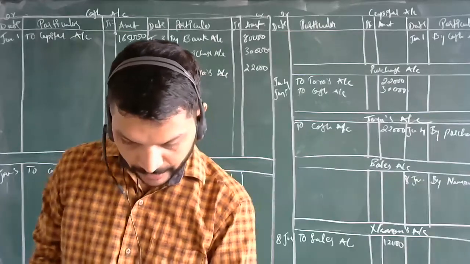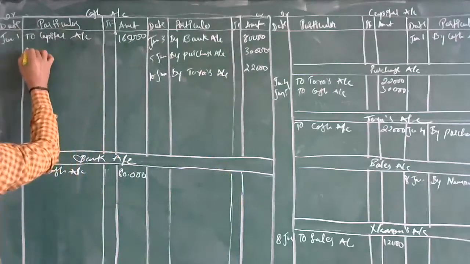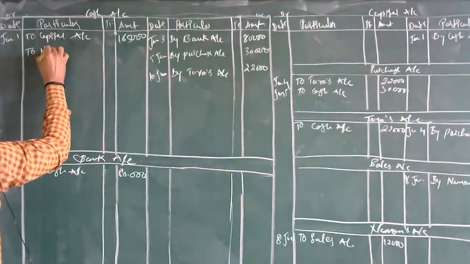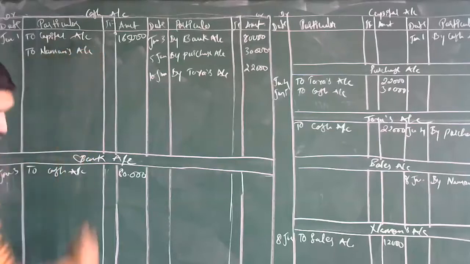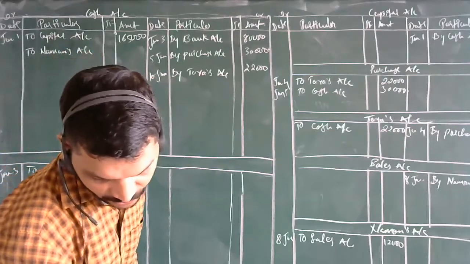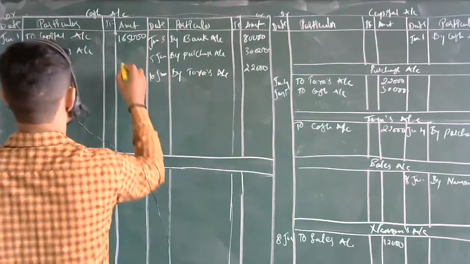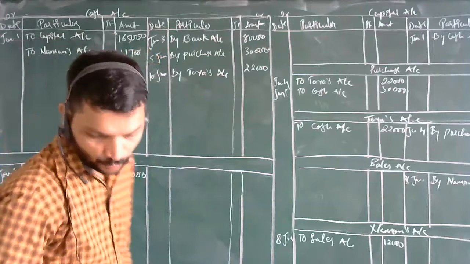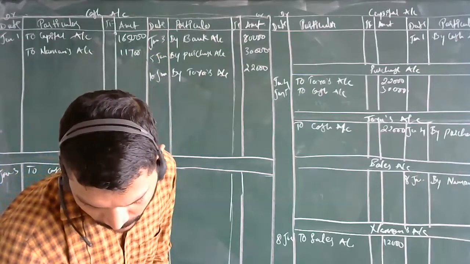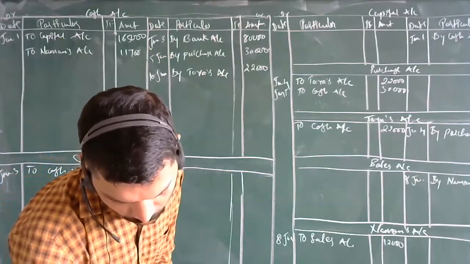They are debited, to Naman's account. How much amount is debited in the journal entry? Just check it out. 11,700 is debited, right? And one more. In cash account only one thing is debited.